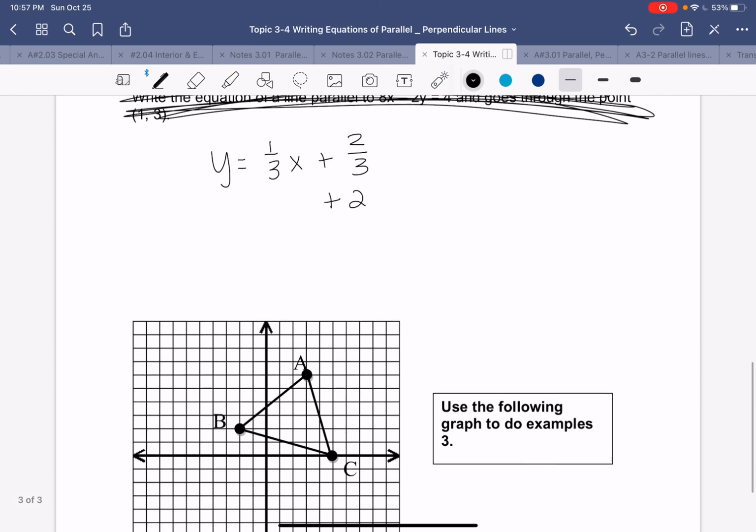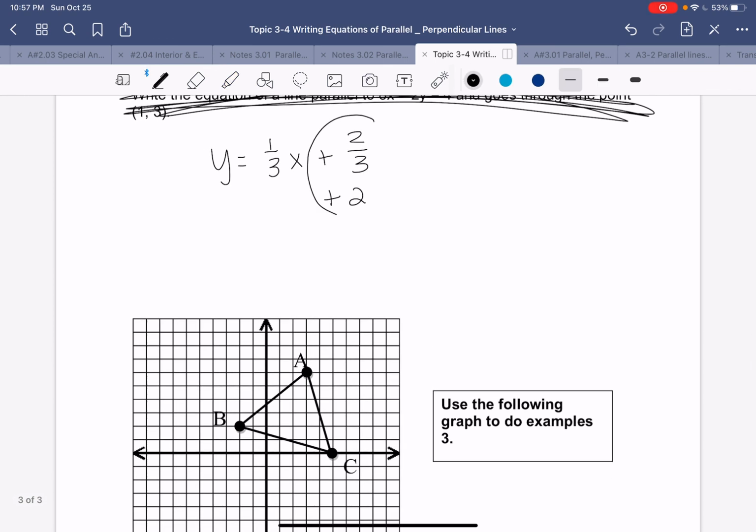When we add fractions, I like to put them together as if I'm adding them. So technically that is 2/1. I cannot add these until the denominators are the same, and right now they're not the same. So I have to think about how I'm going to get these denominators the same.